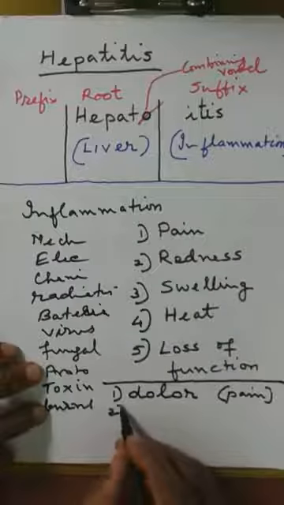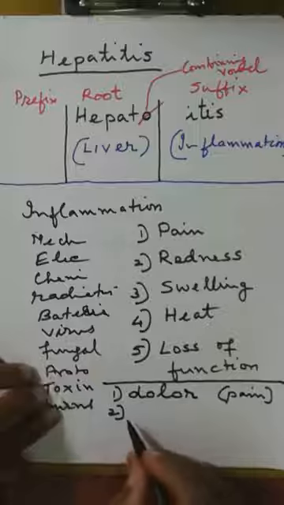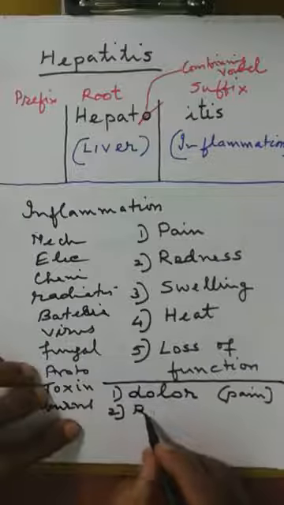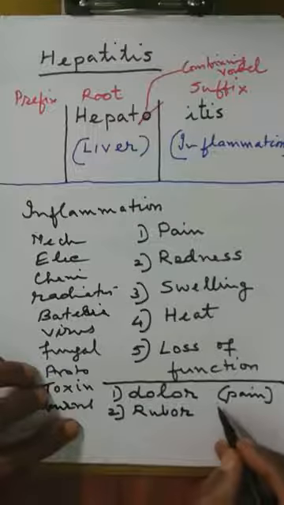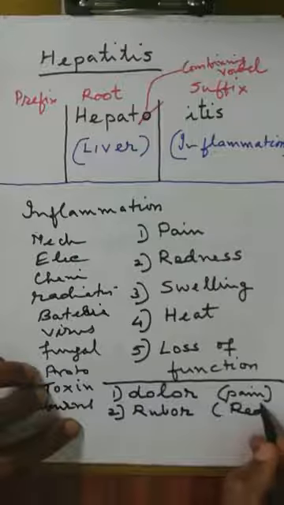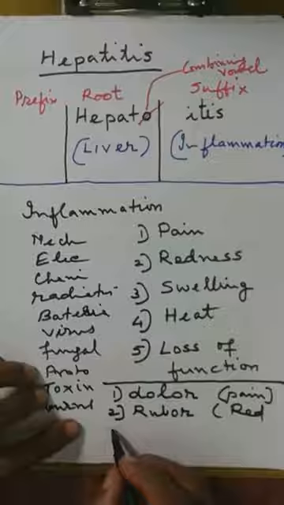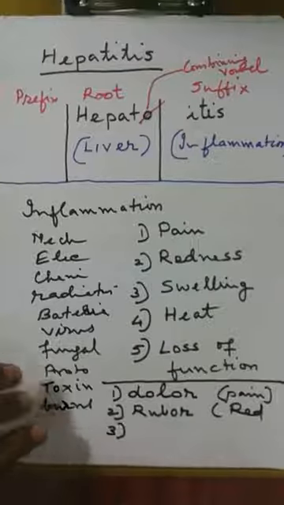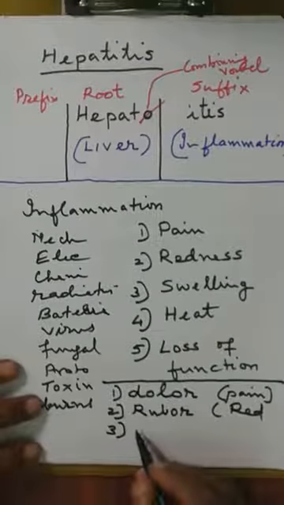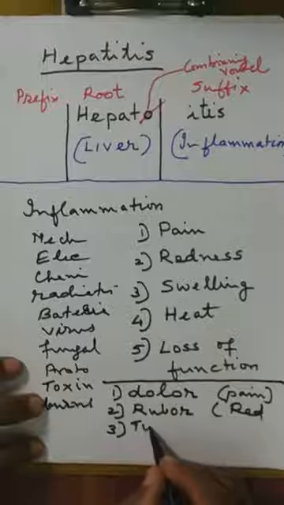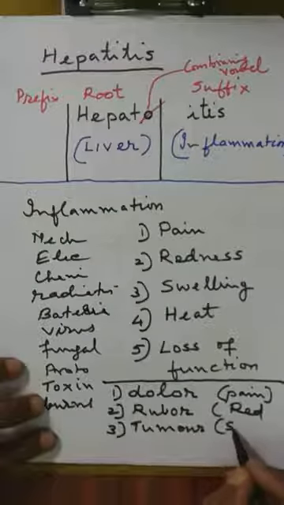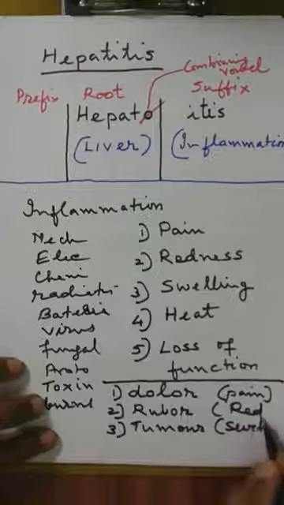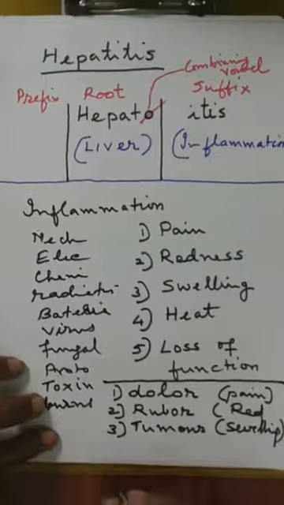Number two, rubor. Rubor means red. Number three, tumor. Tumor means swelling.